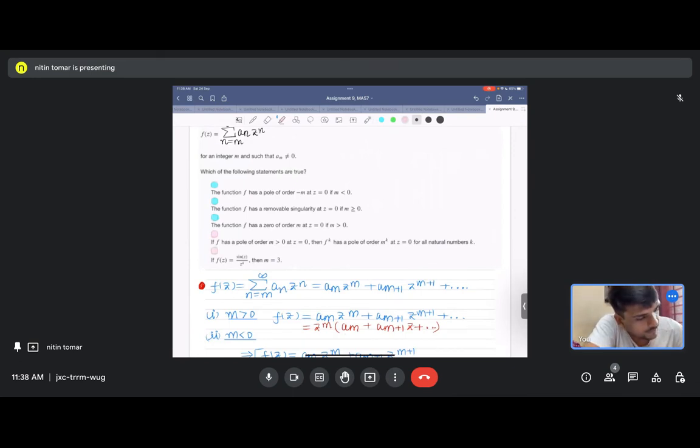But you have to make sure that if f(z) is of the form summation a_n by z^n, where n is from m to infinity, then m is 3, right? That is what I am trying to say.